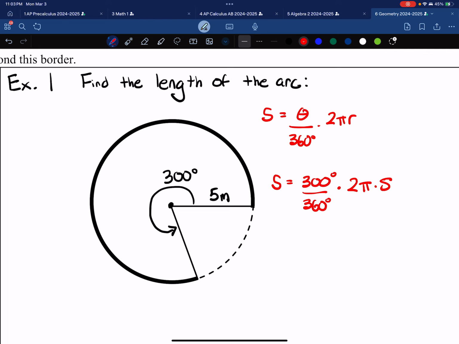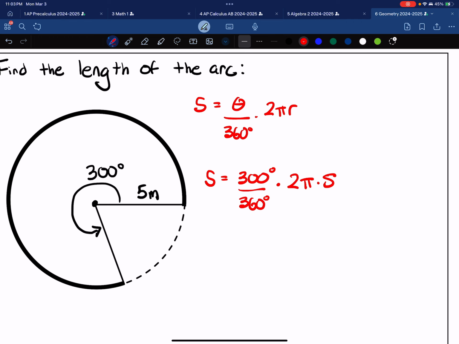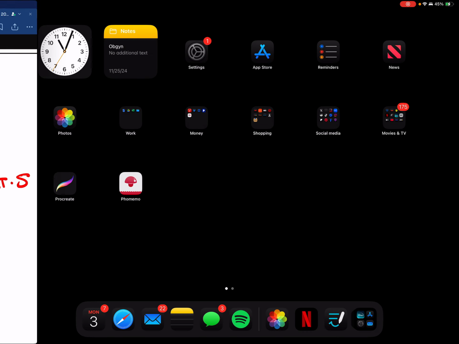We punch this into our calculator, and we are done. We want to round here to 1 decimal place, although you should know how to reduce this fraction. I think this is like 5/6 or something like that. And then you could multiply that by 10, so that would be 50/6, and that would be 25/3. So it's 25 pi over 3. But if you don't want to do that in your head, you could just use a calculator. You do need to know how to use your tools appropriately.